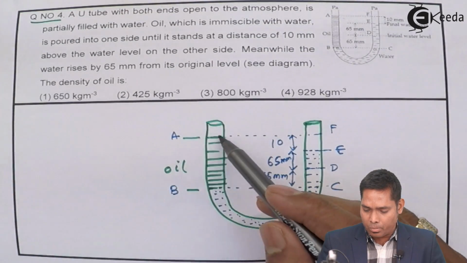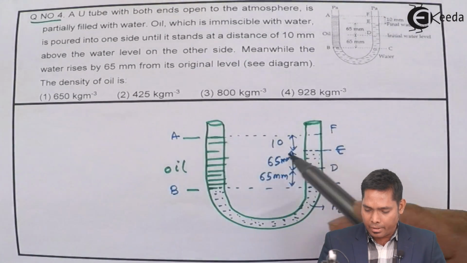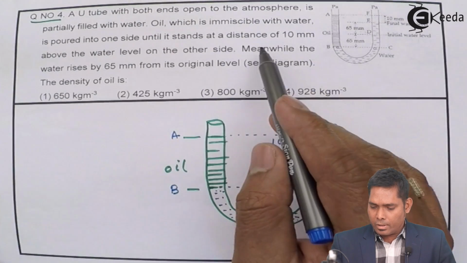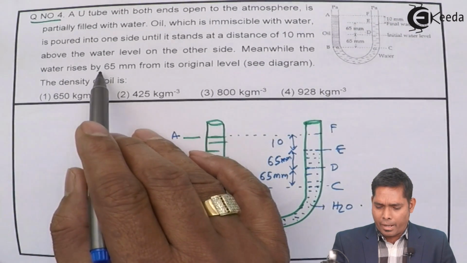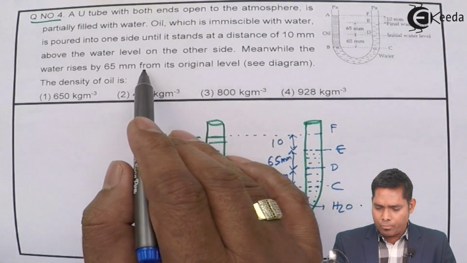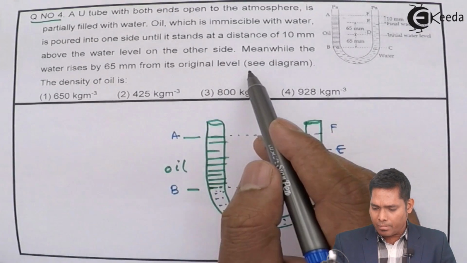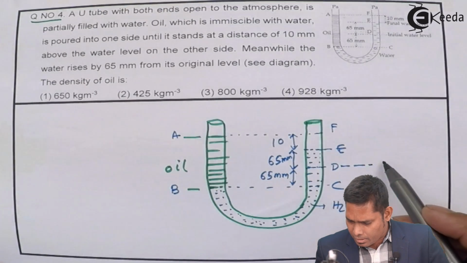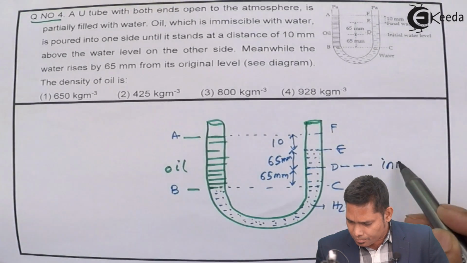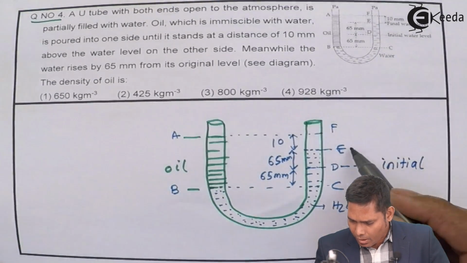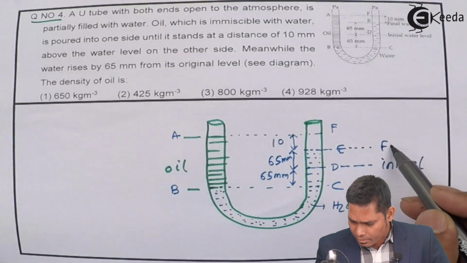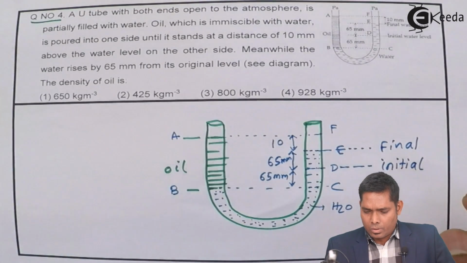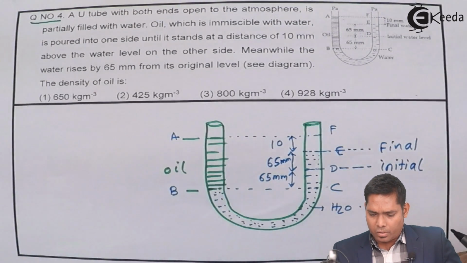So the oil is filled up to here, which is 10 mm higher. And on the other side, meanwhile, the water rises by 65 mm from its original level. So this was the original level, initial, and this is now the final level.